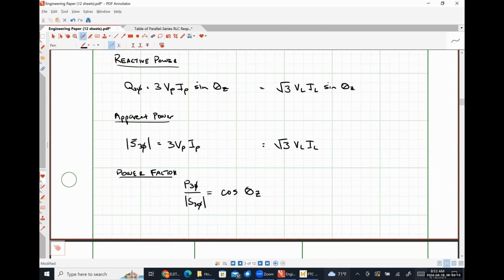So power factor definition literally does not change at all from single-phase circuits to three-phase circuits. Just the cosine of theta v minus theta I, or theta s if you want to call it that, or the ratio of average power to apparent power.